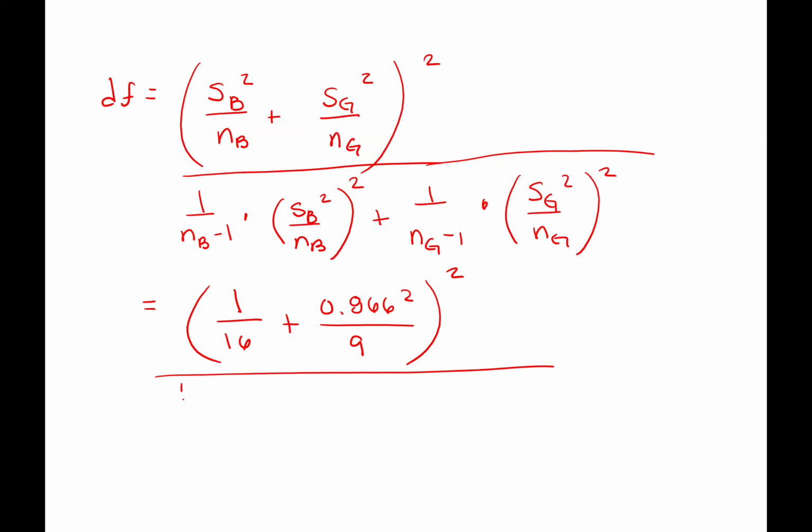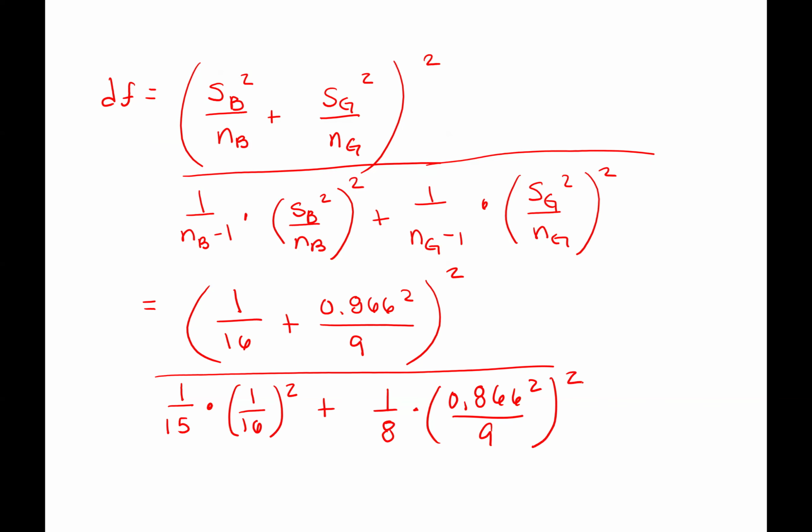You divide that by 1 over 15, because we have the size of the boys group minus 1, times the 1 squared again divided by 16, and we square that, plus 1 over 8, because the girls group had a sample size of 9, times 0.866 squared over 9, and you square that.